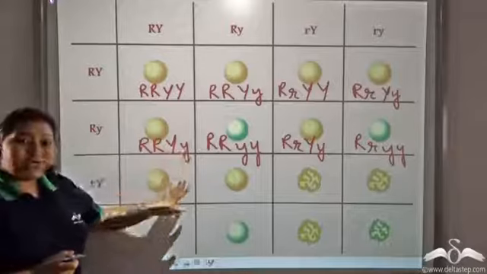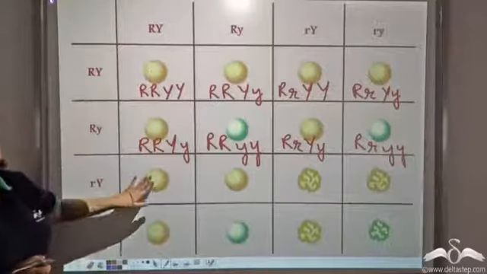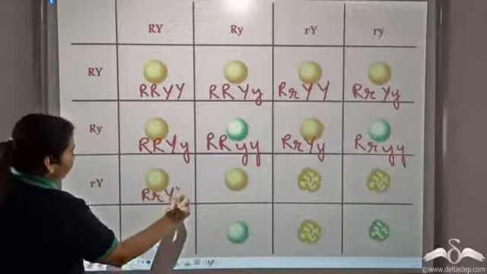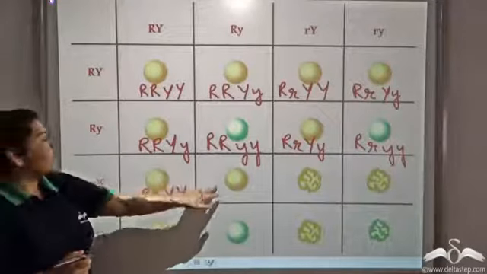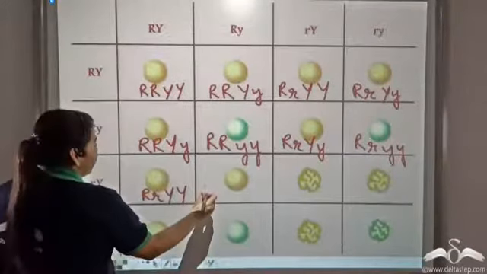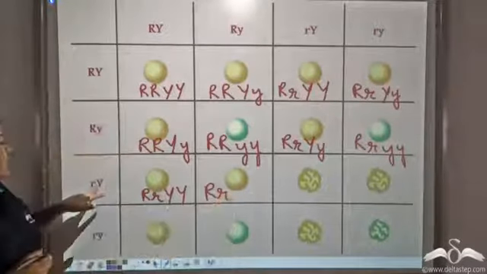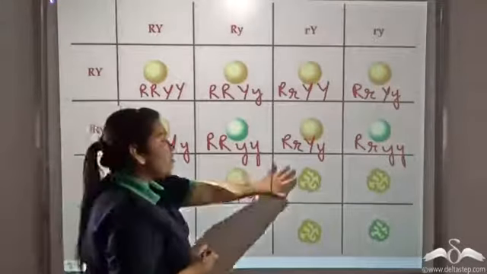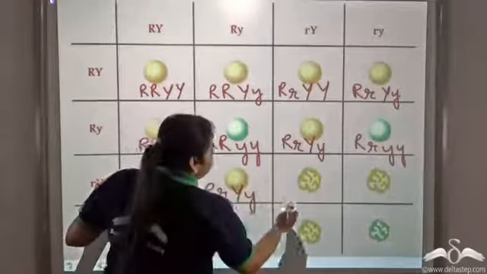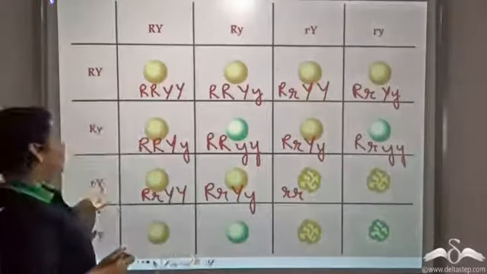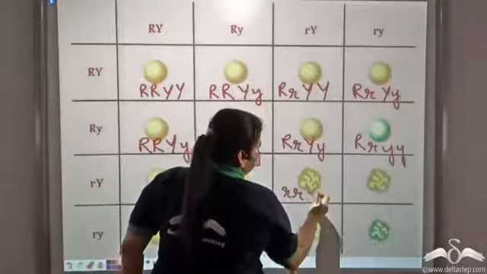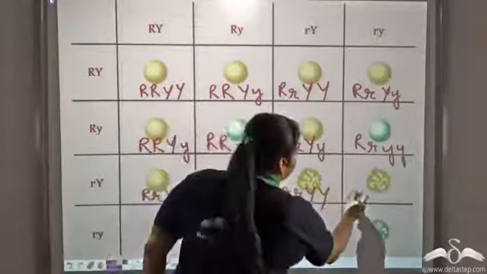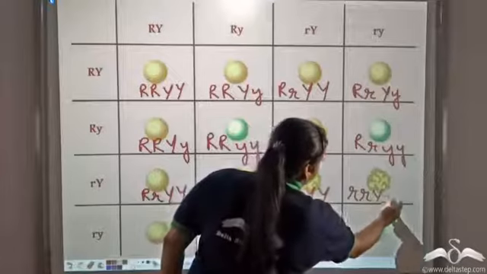So this seed has the genotype capital R, small r, small y, small y. Now similarly, try and do this cross. Well, this seed will have the genotype small r, small r, capital Y, capital Y. Next, the genotype of this seed will be small r, small r, capital Y, small y. This one will have the genotype capital R, small r, capital Y, capital Y. Similarly, this seed gets the genotype capital R, small r, capital Y, small y.